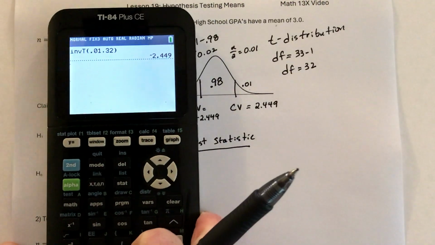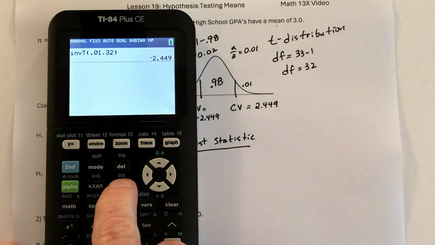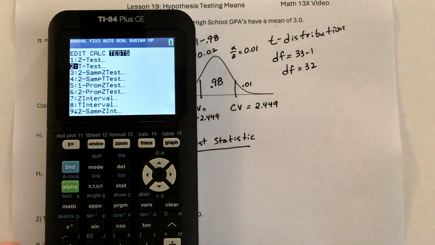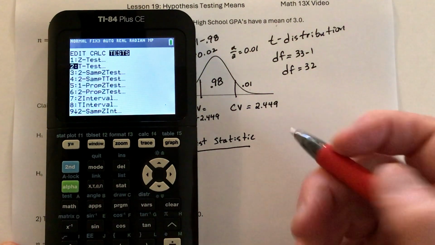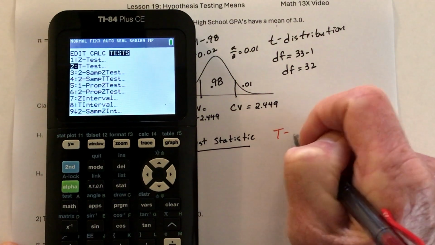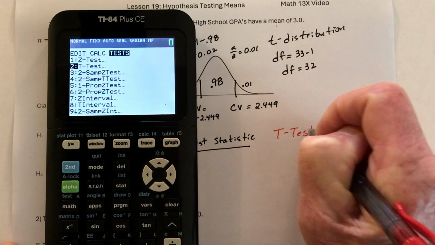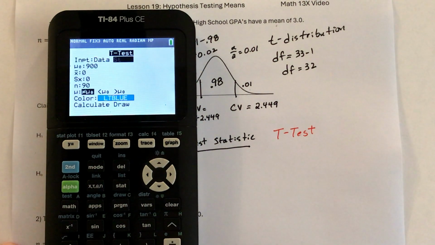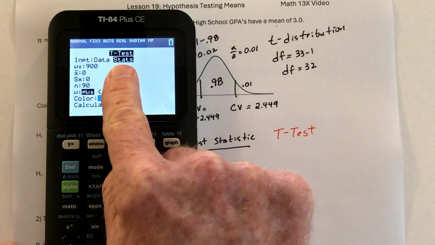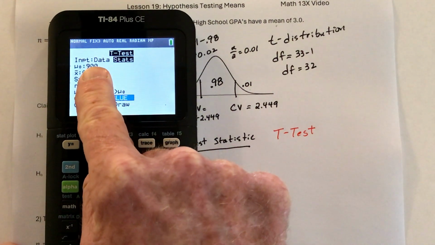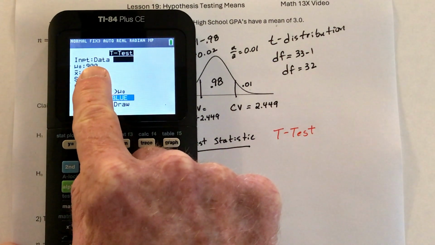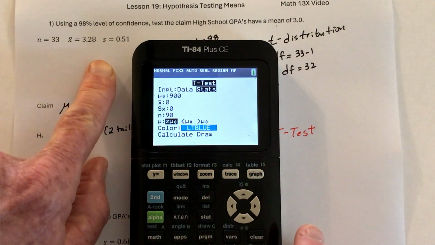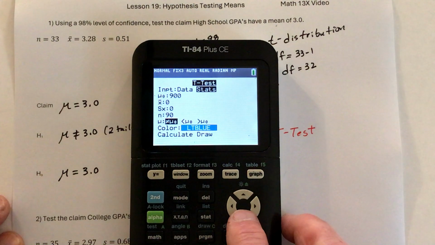When you go to the calculator, go to stats, move over to tests, and then it's going to be number 2, the t-test. As a reminder, you could even write it down, we're using the t-test. When you go to number 2, we're using stats. Data would be if you had a long list of data that you typed into the list. If you have the mean and standard deviation, that's the stats.